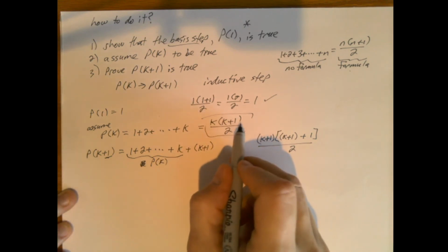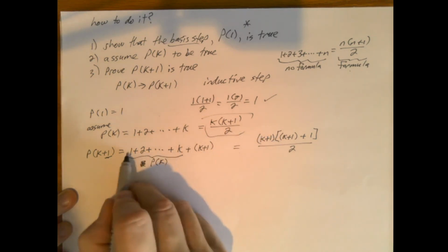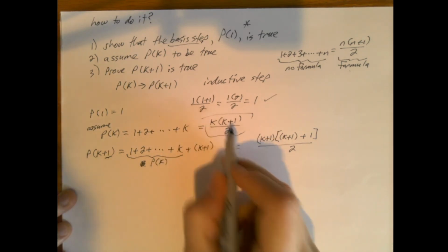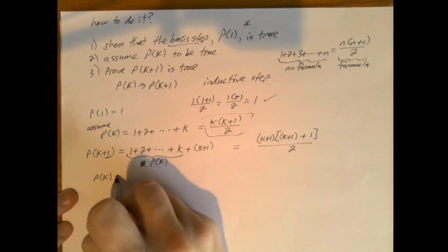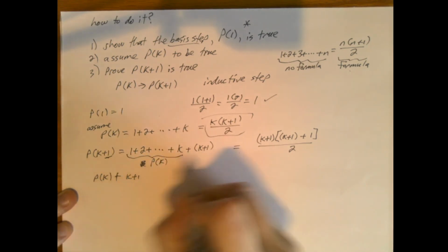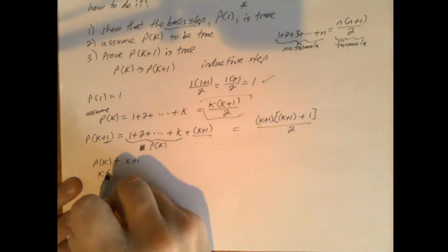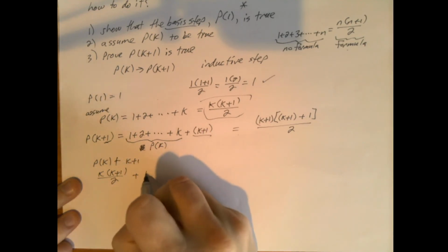But we're assuming this formula is true, and if that's the case, I can replace my hand-calculated summation with this formula. So that means P of k plus 1, this value right here, is equal to k times (k plus 1) divided by 2 plus (k plus 1).